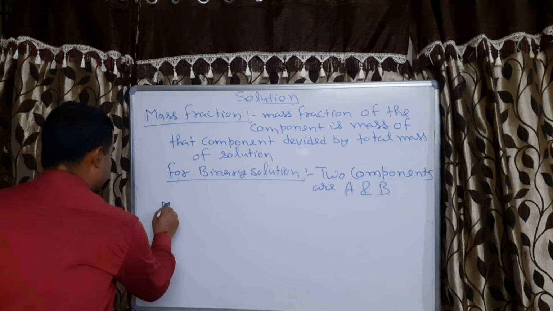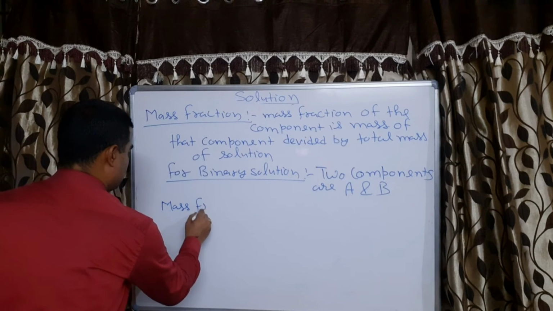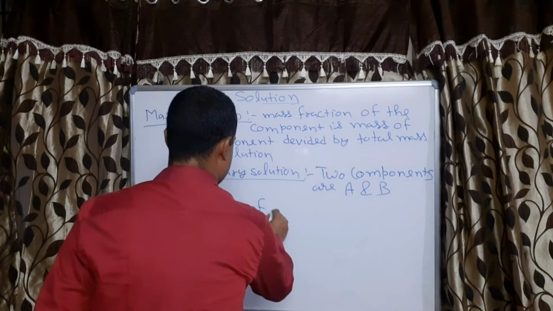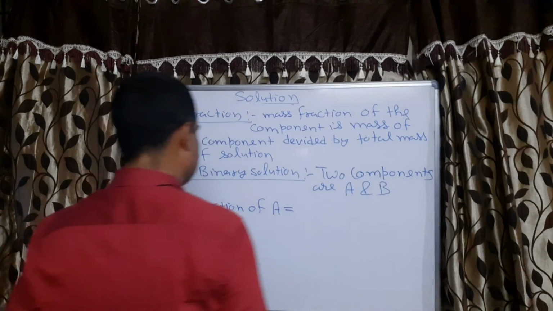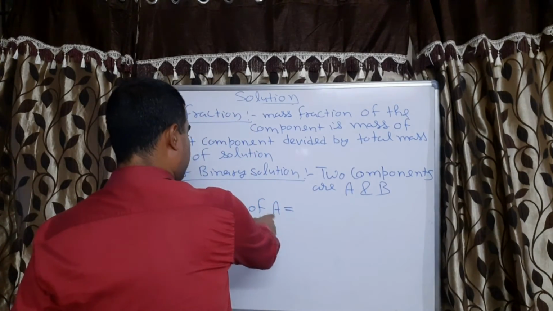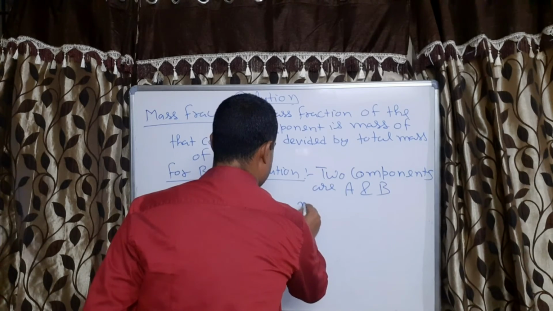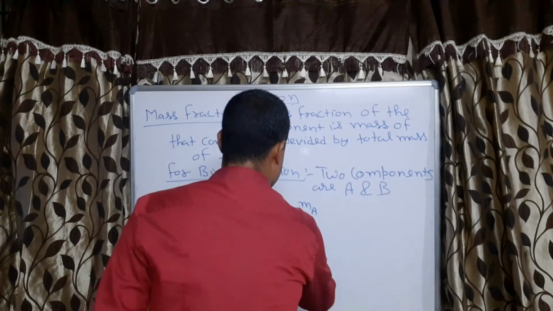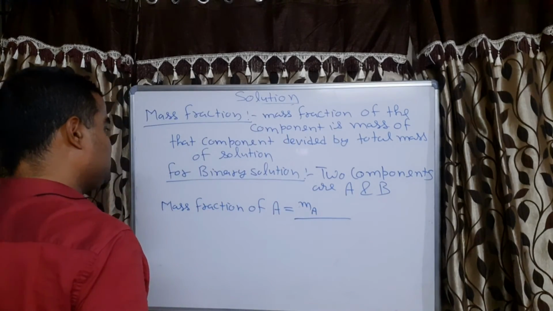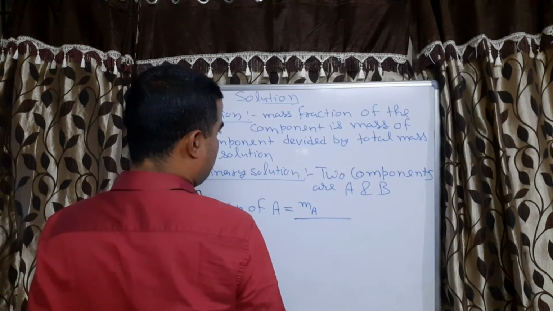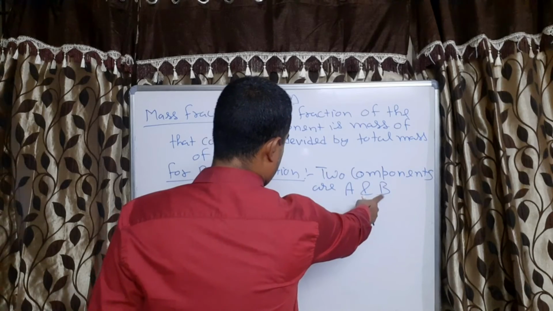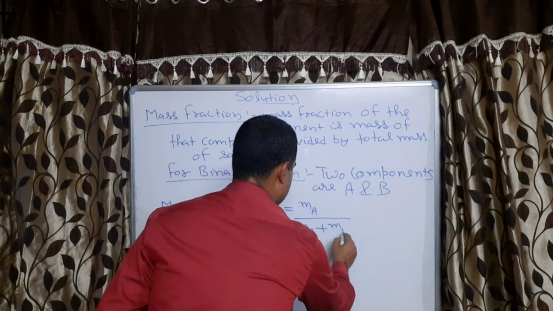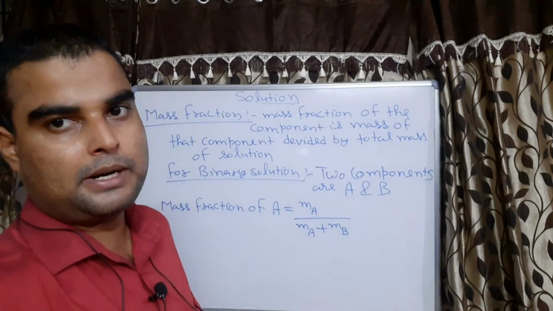Now mass fraction of A will be equal to the mass of the component A, let us take that as M with suffix A, divided by the total mass of the solution. So total mass will be the mass of component A plus mass of component B, that is Ma plus Mb. That will be the mass fraction.